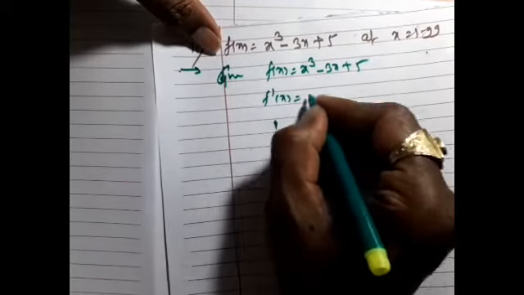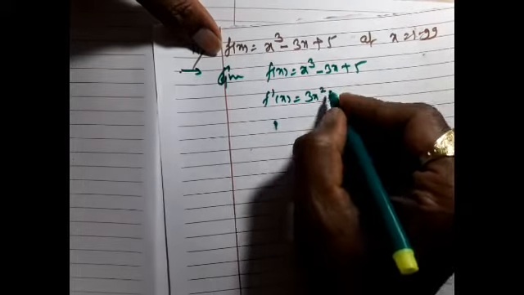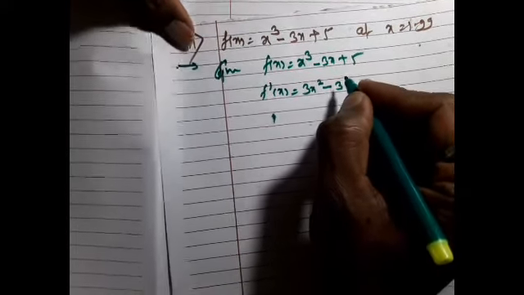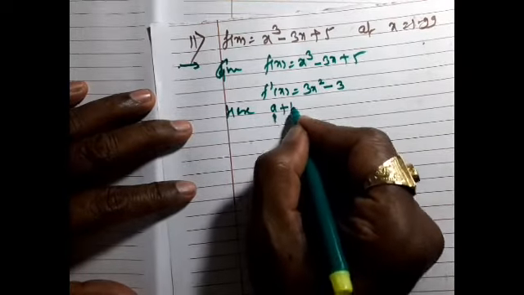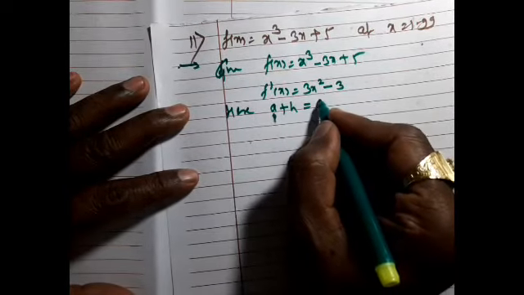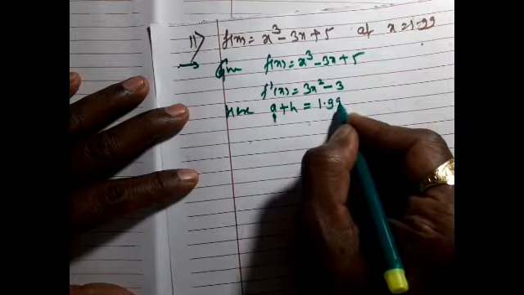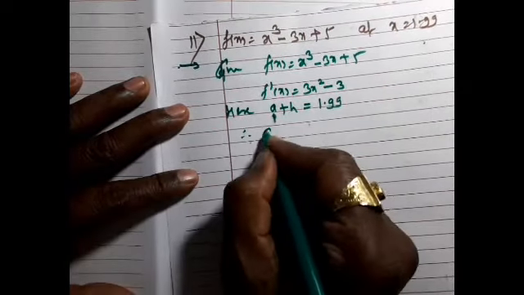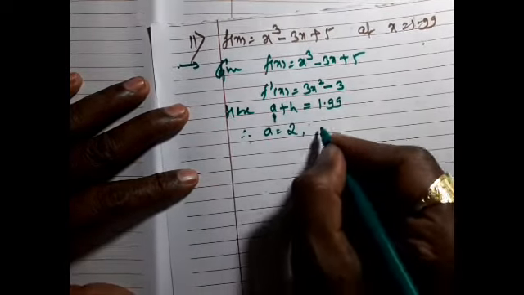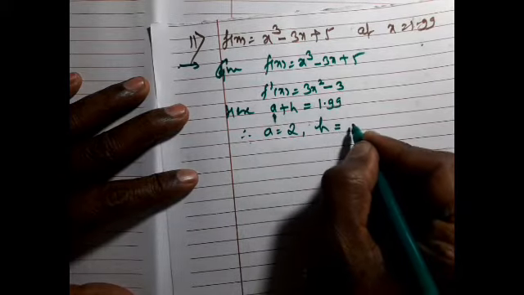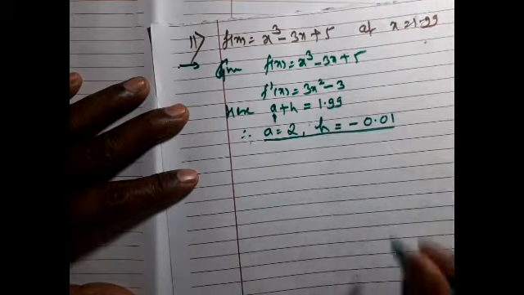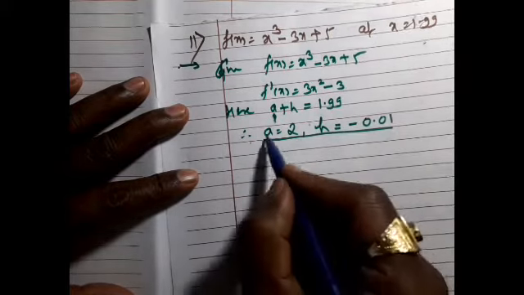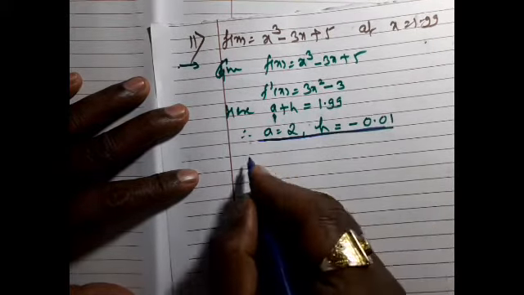Then f dash x is 3x square minus 3. Now here a plus h is 1.99. Therefore a will take the round figure 2 and h will be minus 0.01. This is, as I told you, your scale, how you are taking a and h.